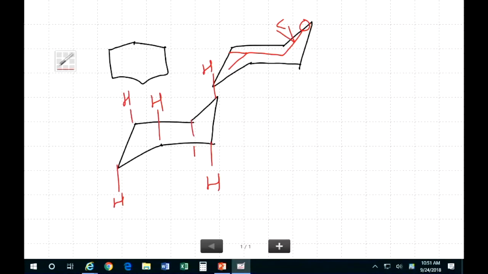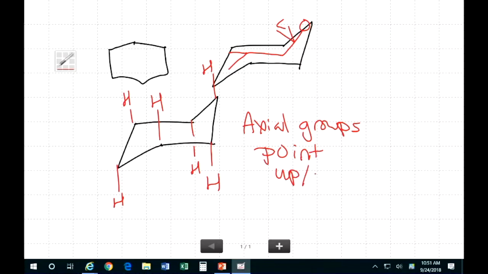And axial groups point up and down. I'm writing with my finger, so if the text is a little bit messier than normal, I'm sorry.